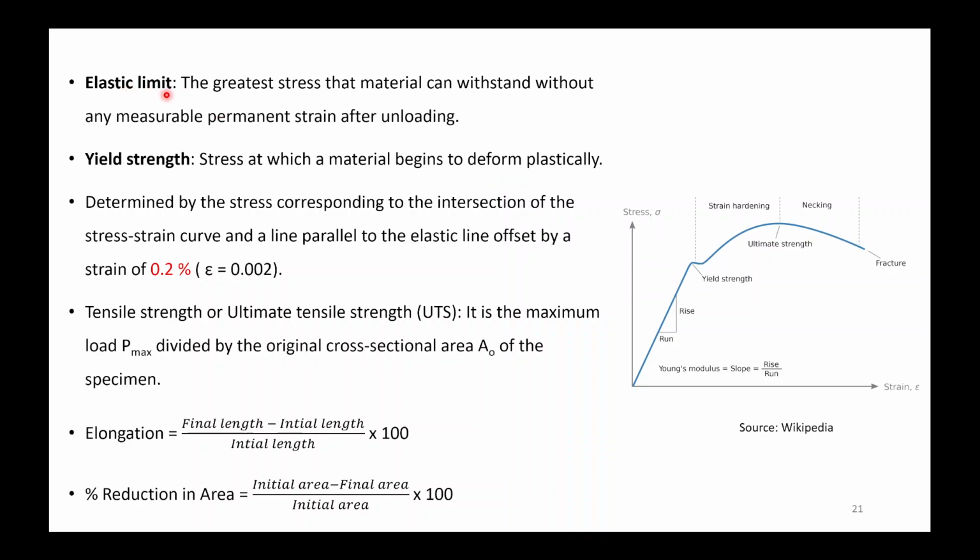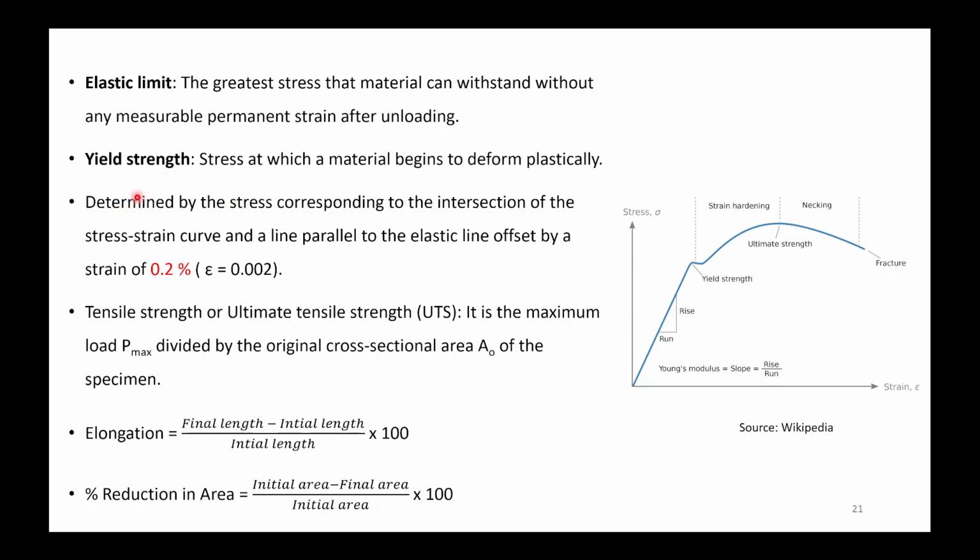Now elastic limit is the greatest stress that a material can withstand without any measurable permanent strain after unloading, and yield strength is the stress at which a material begins to deform plastically. Now when we measure the stress strain curve, separating these two is relatively hard, and it is difficult to separate them.